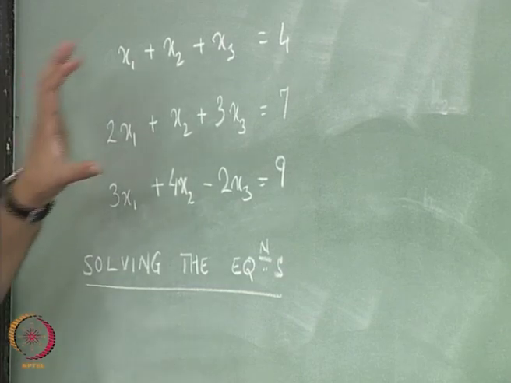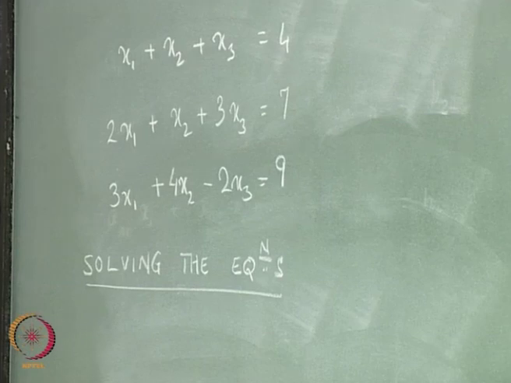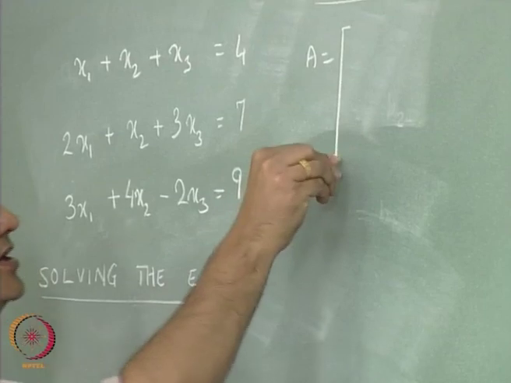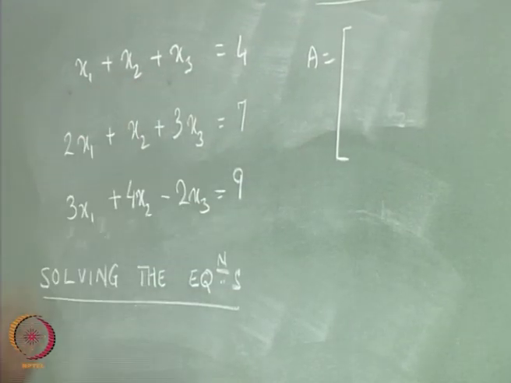Okay. So let us talk about the matrix notation for these particular equations. We are going to write it in the form Ax equal to b. The matrix A is going to be 1, 1, 1 in the first row.